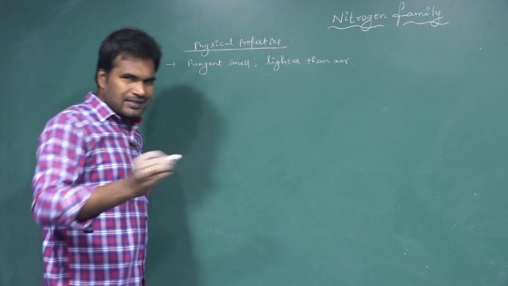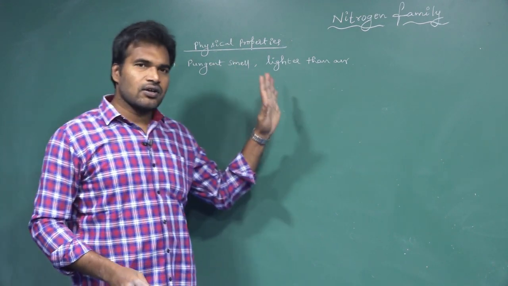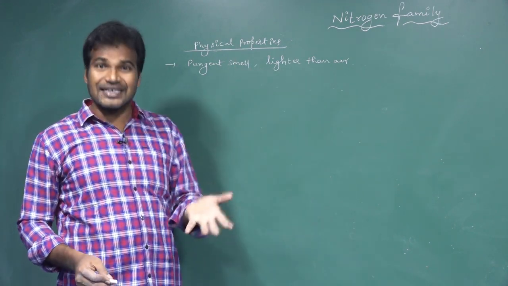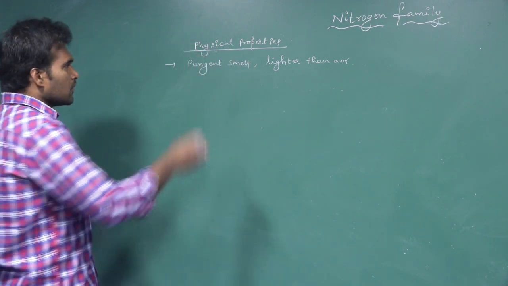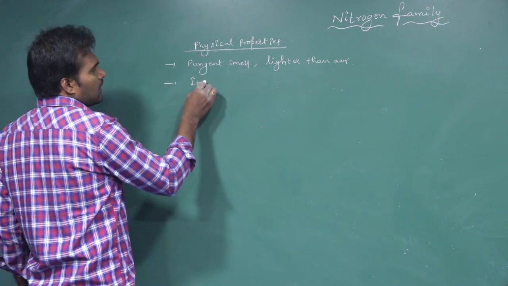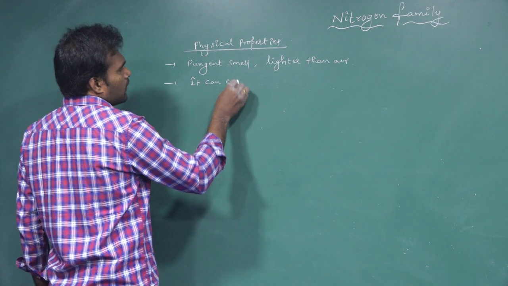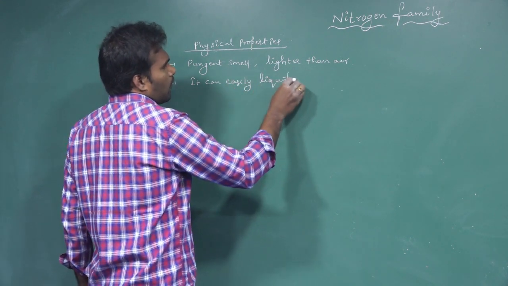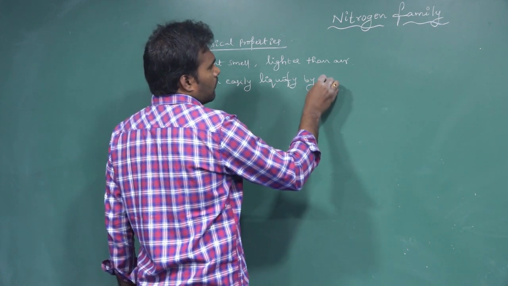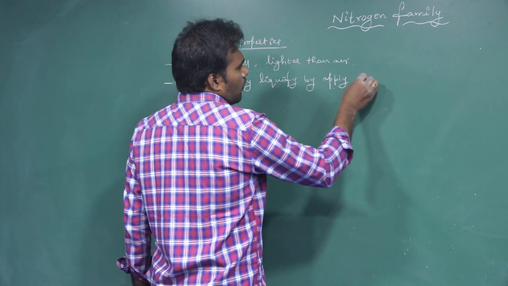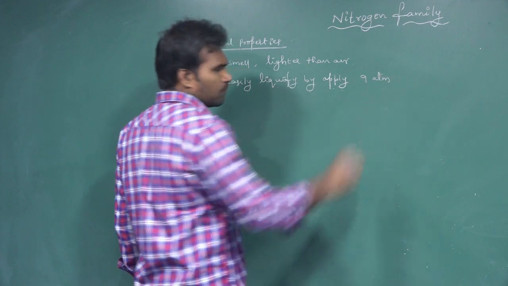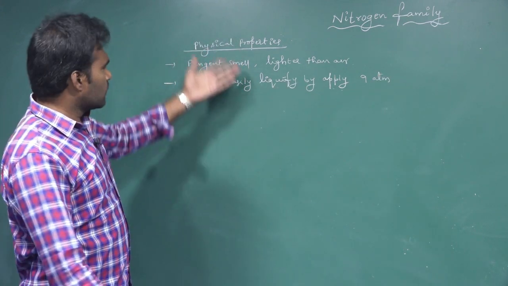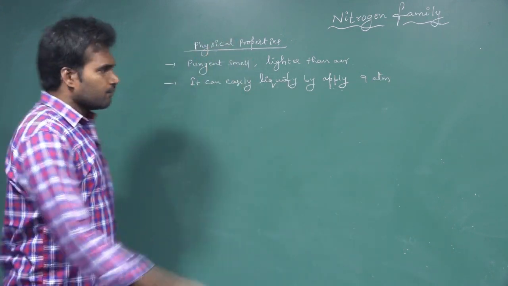When we compare the density of air with ammonia, the density of ammonia is lesser, so it is lighter than air. Next, it can be easily liquefied by applying a pressure of 9 atmospheres. Simply, if you maintain 9 atmospheric pressure, ammonia can easily be liquefied.